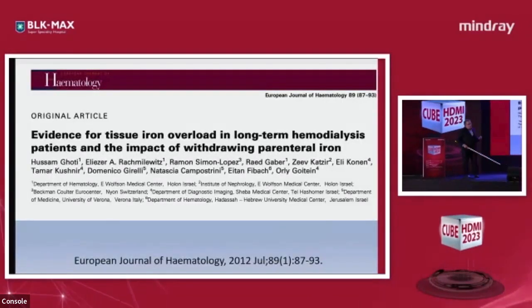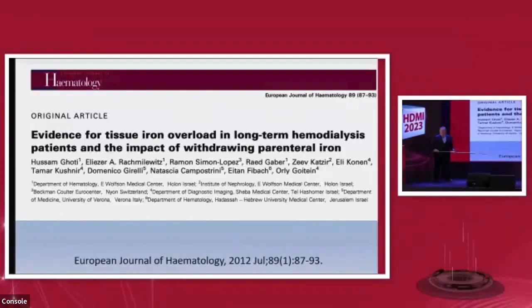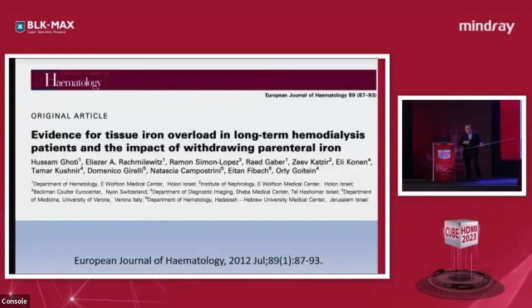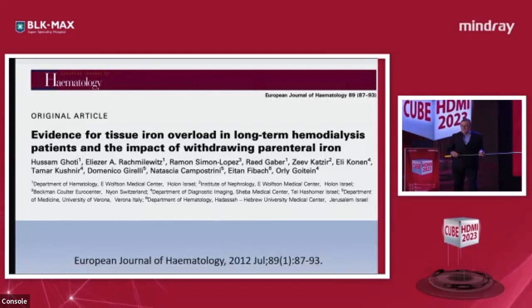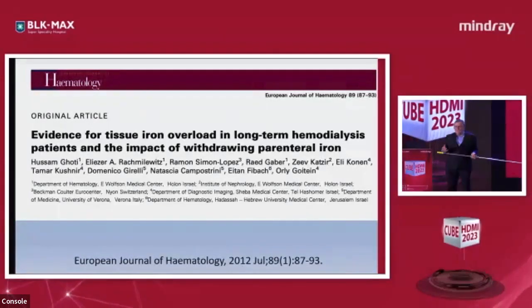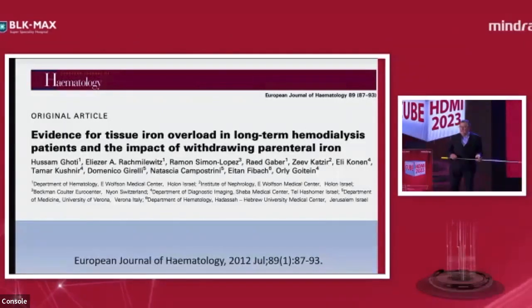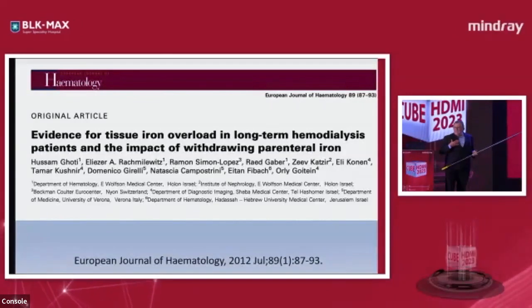After that, I went to Dr. Rachmilewitz, a famous doctor, who has passed away. But at this time, after one speech at the ASH about myelodysplastic syndromes and the treatment of anemia and erythropoiesis, I was challenging him to demonstrate my theory.